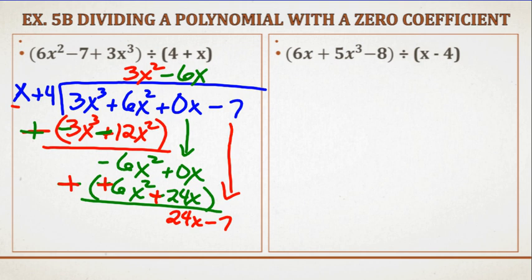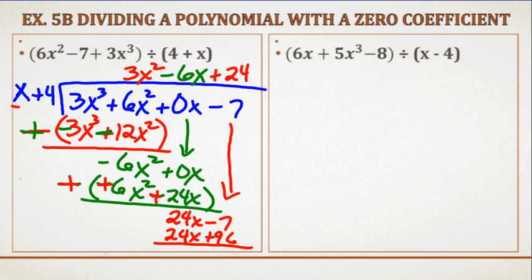What do I multiply x by to get 24x? The positive 24. 24 times x is 24x. 24 times 4 is 96.